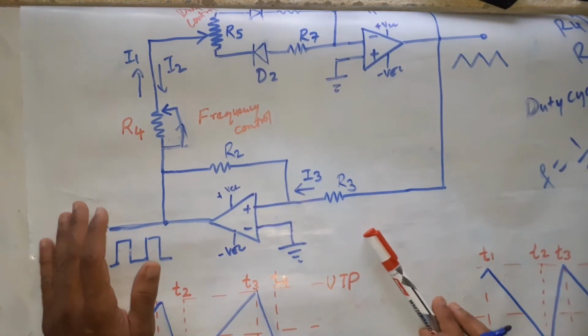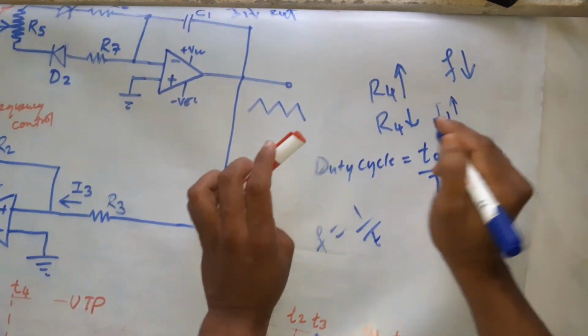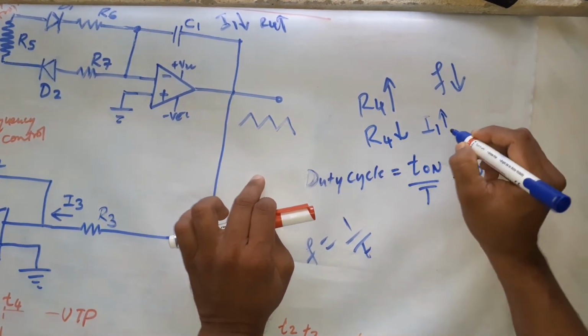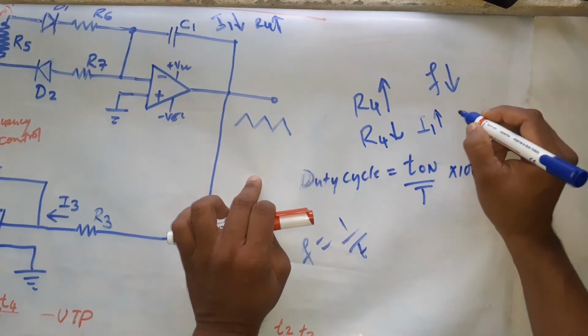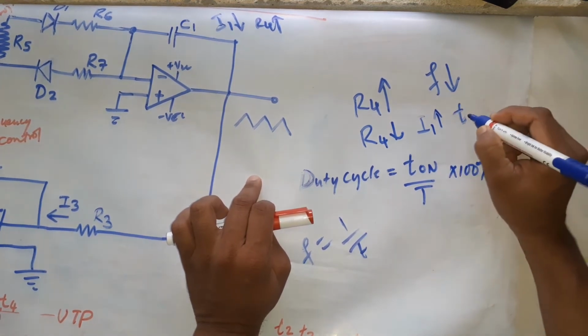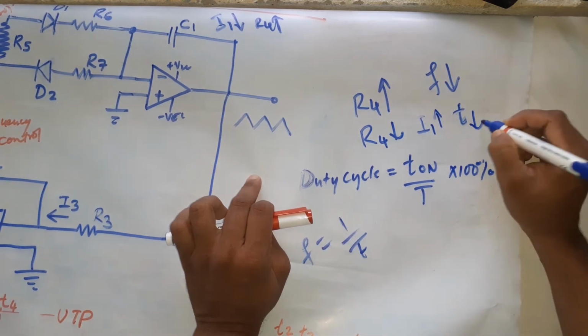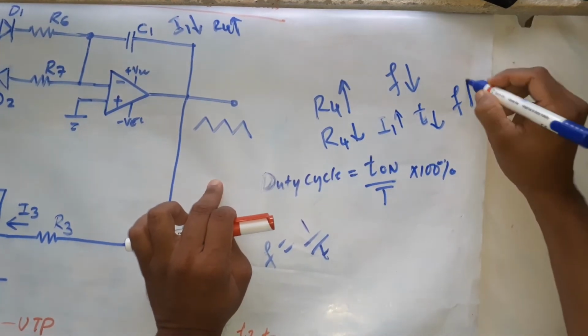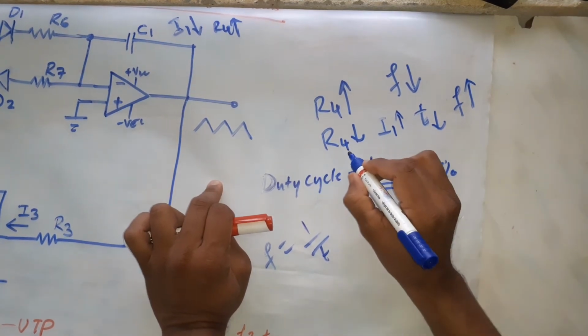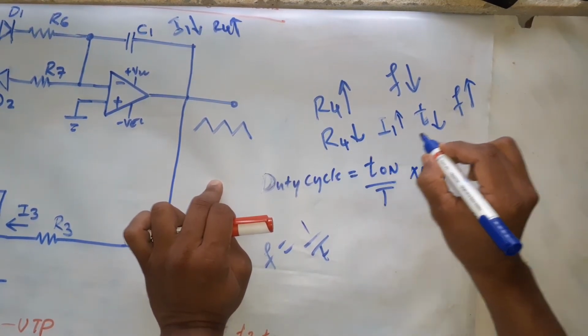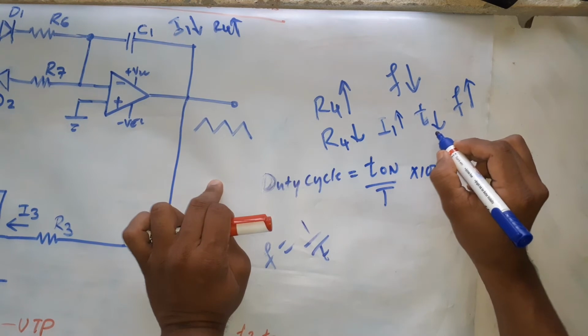So it means that with decrease in resistance, current will increase. So the charging time decreases and frequency increases. Understood? Time for charging the capacitor will reduce because it charges very fast.